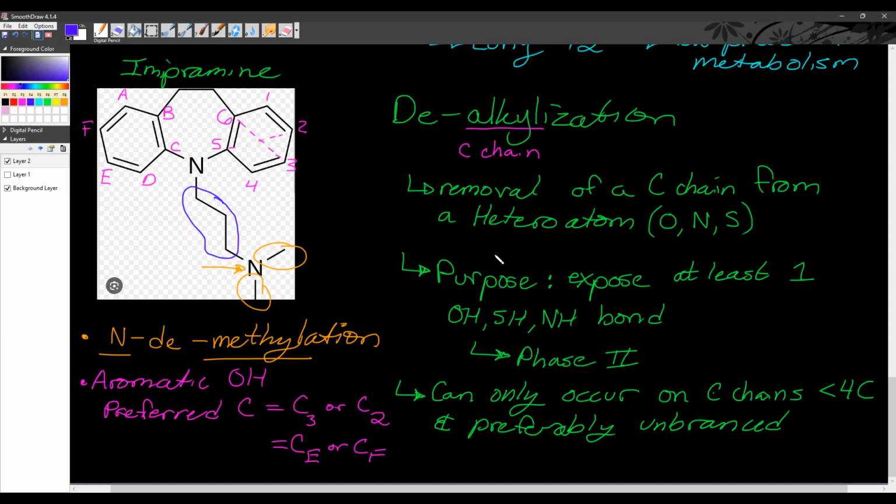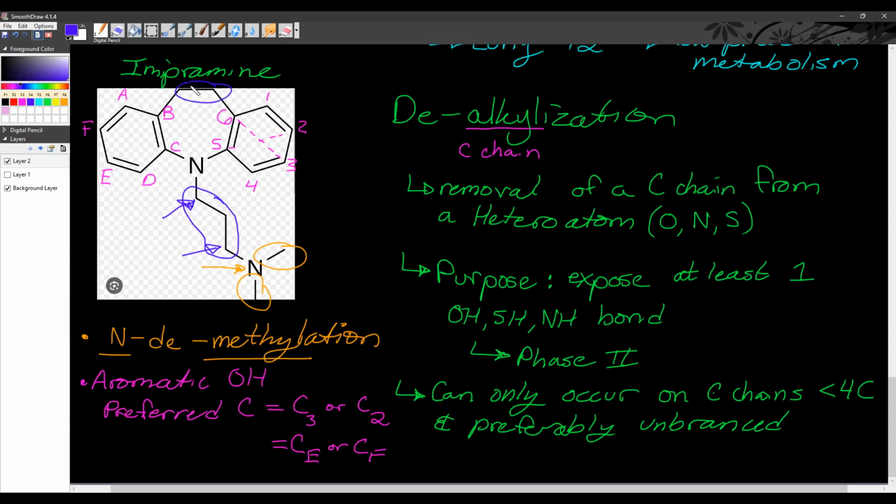It's not open. Remember, we hydroxylate the terminal carbon, right? The last carbon. Are either one of these the last carbon or the last atom in the chain? No. So you have something coming after, which would prevent aliphatic hydroxylation.